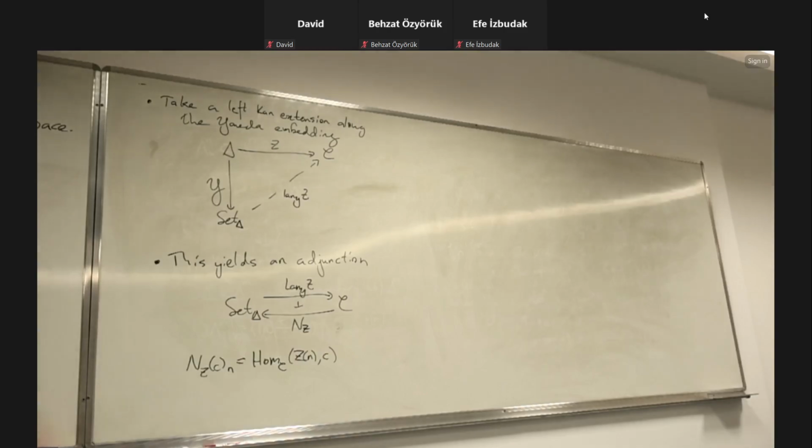Okay, so this is somewhat abstract. So let me now tell you how this manifests itself in topological spaces and categories.